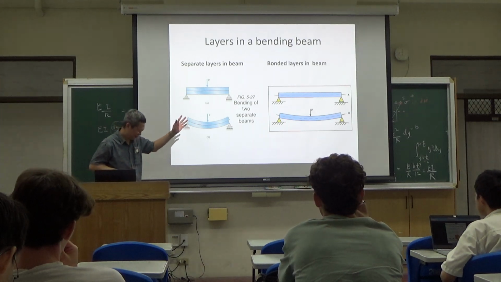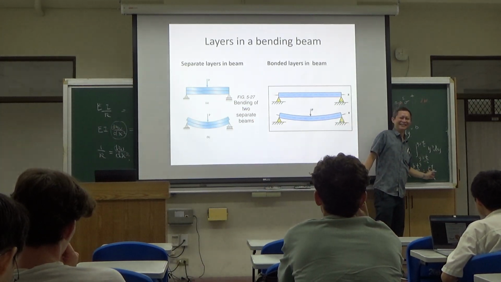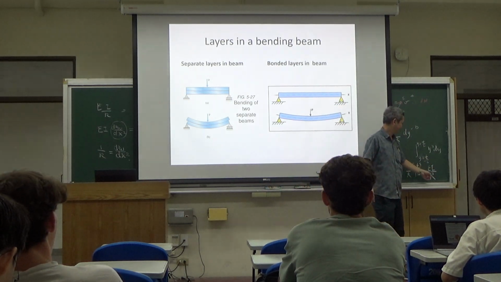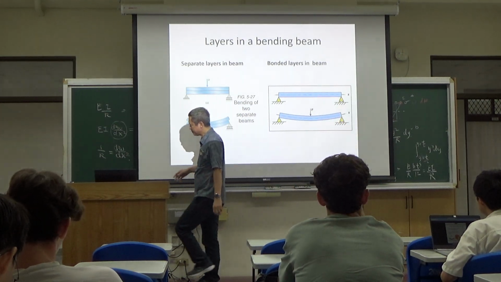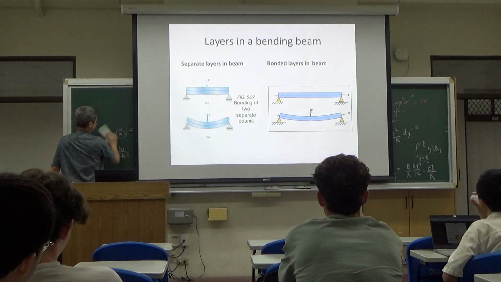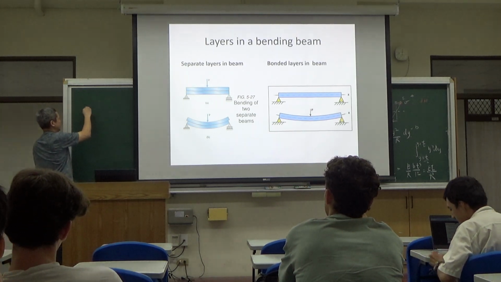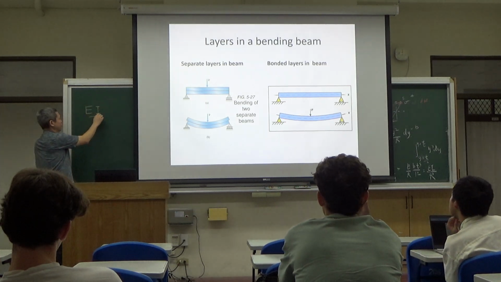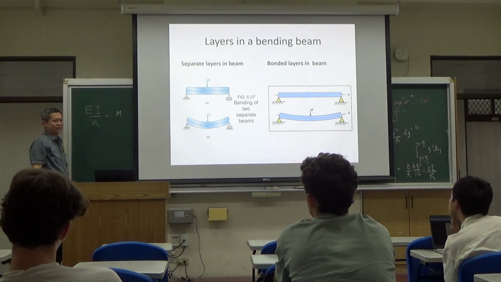So I will just go through the formula with you. What's the rigidity? How do you calculate the rigidity? EI over R is equal to the moment.